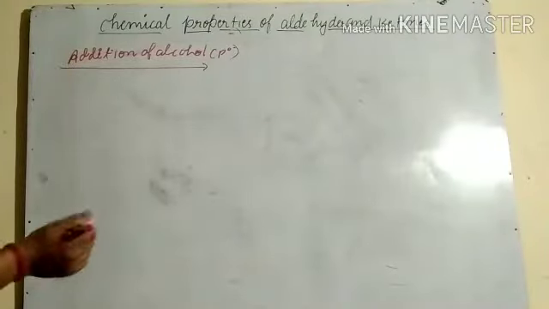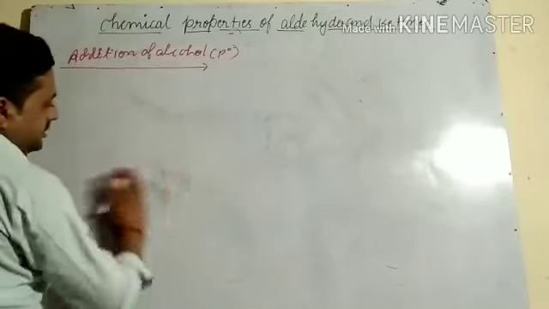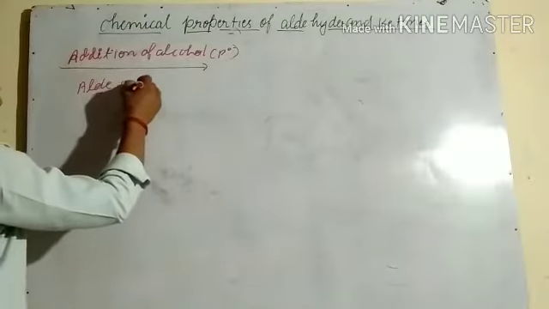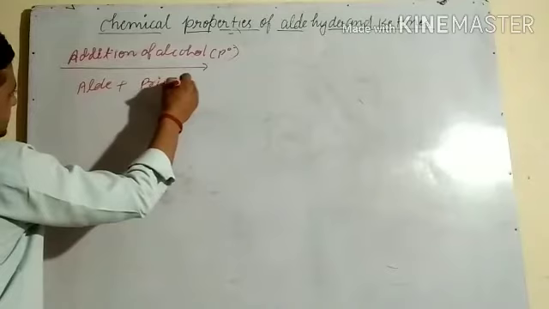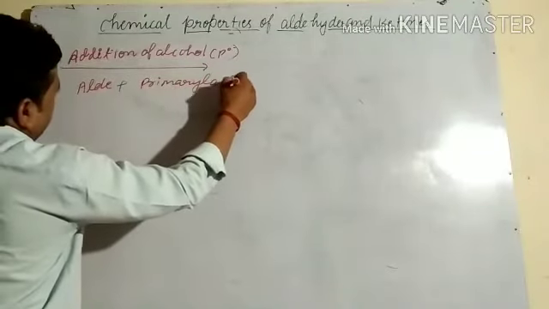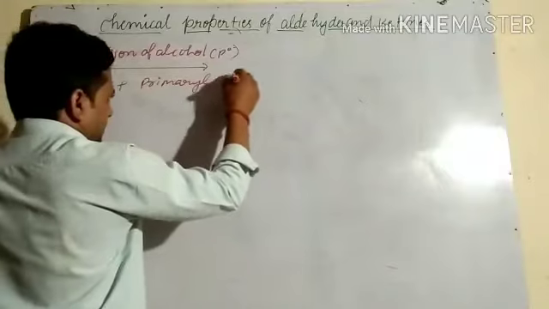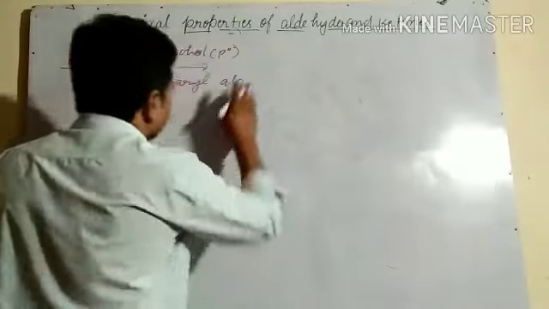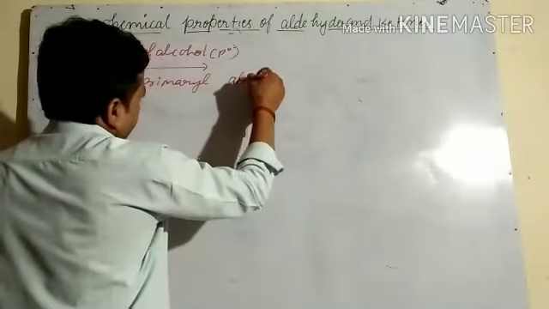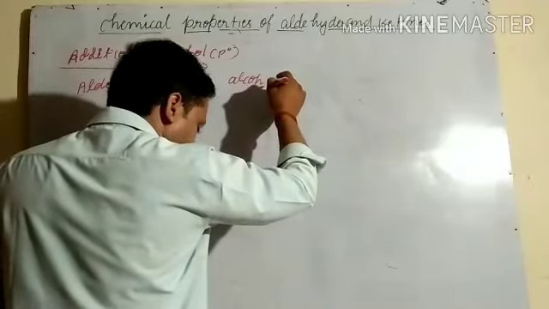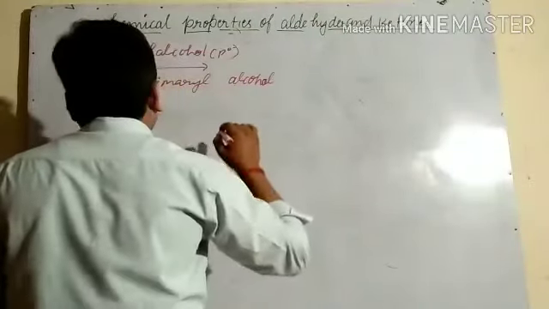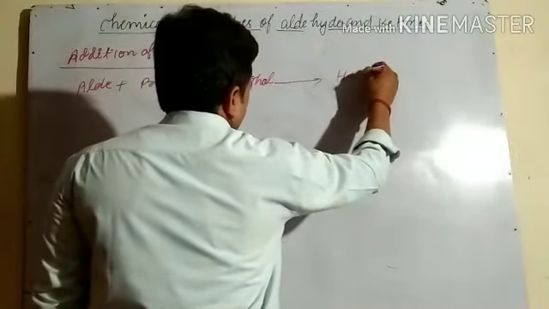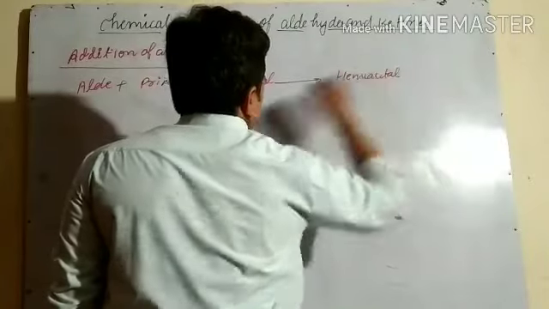Let us see. First, I will summarize, so it would be easy to write. Aldehyde reacts with primary alcohol. Okay, so it forms a hemiacetal.